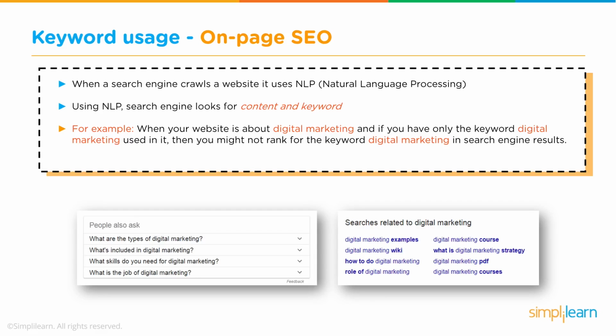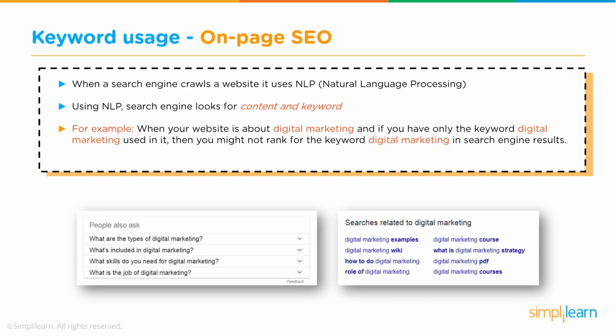We want to choose keywords that are more natural to the content you're writing. So instead of the keyword digital marketing, maybe we want to talk about the types of digital marketing, or digital marketing examples, or what is a digital marketing strategy, or how to become a digital marketing specialist. So those are all relevant keywords to digital marketing and more relevant to the content.